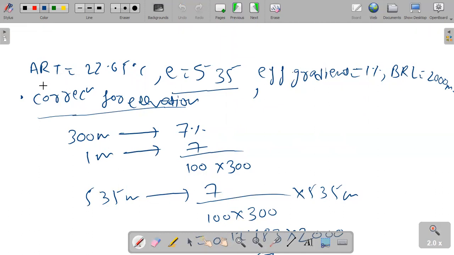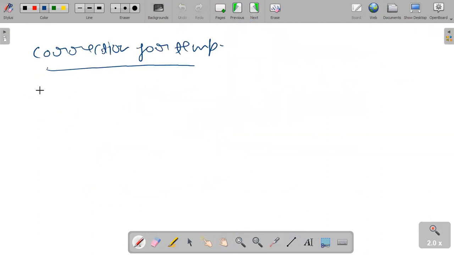We have an ART of 22.65 degrees Celsius, and here we need to find the standard temperature.